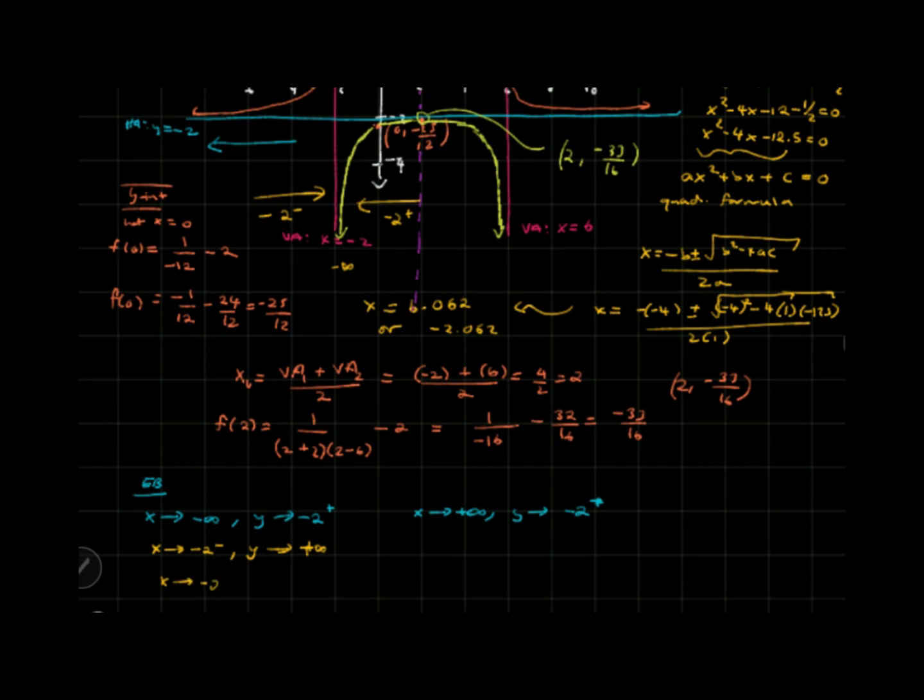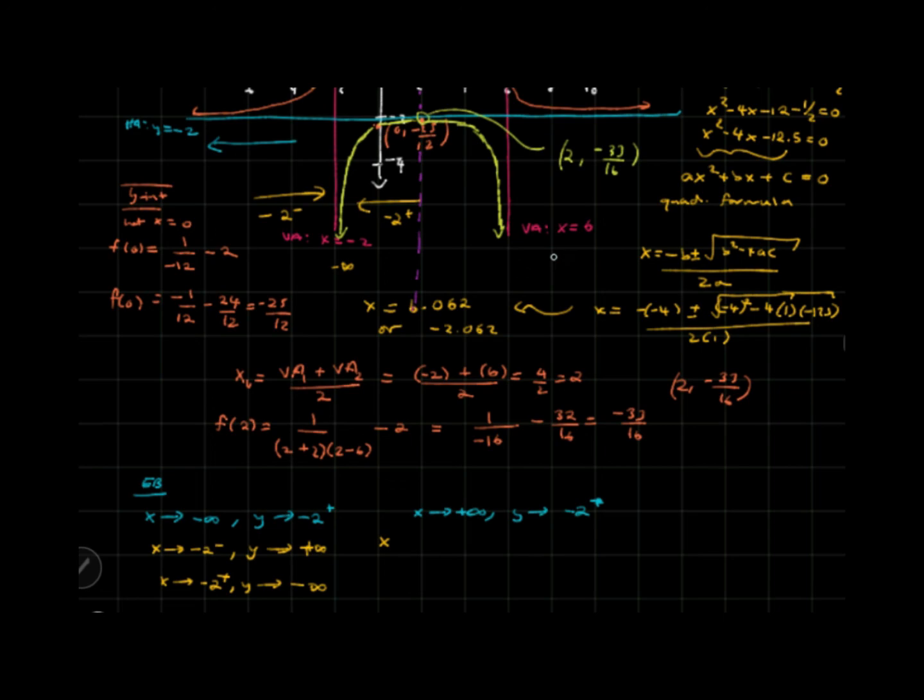As we approach from the right side of negative 2, y approaches negative infinity, because this trace is going downwards. You're looking at the trace in green this time.